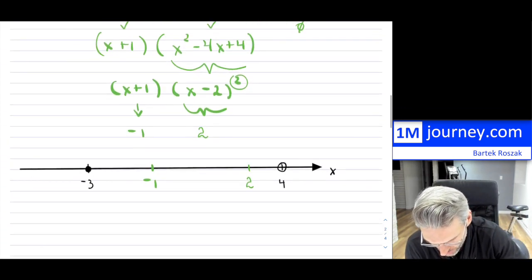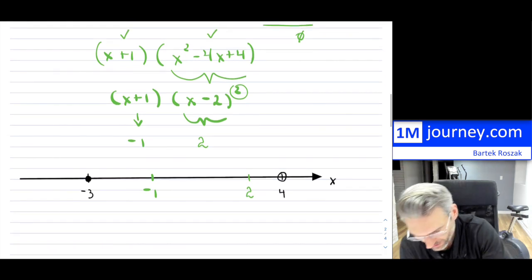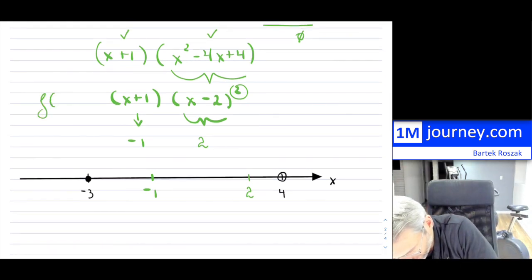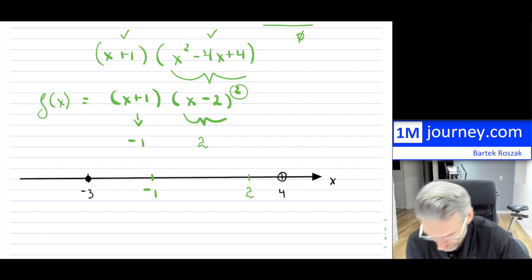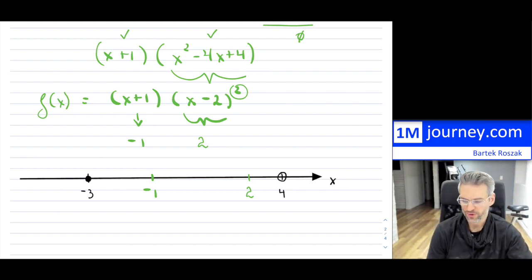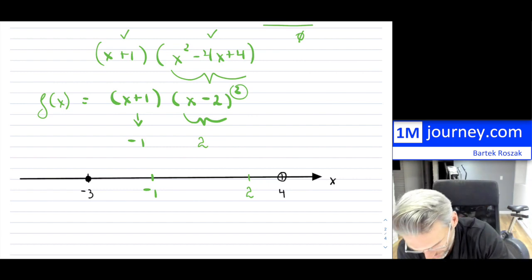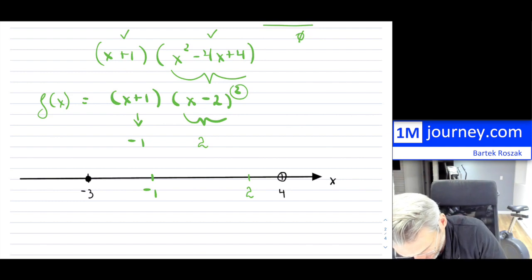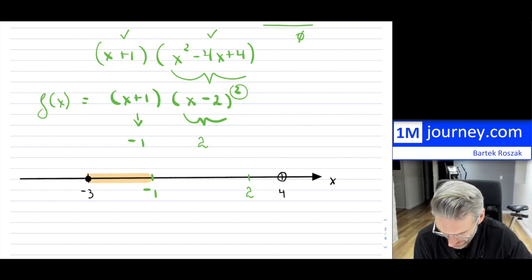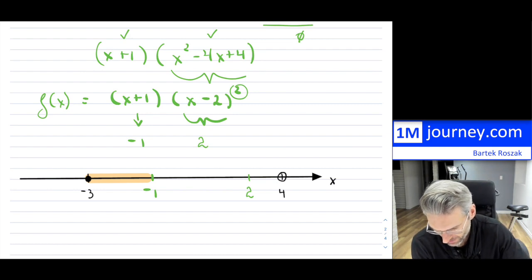And how would you do that is you simply, now that you know that the function is this, and we have it in factored form over here, so what we would have is you can just find test points. So the test points that you use, it doesn't matter. So on the kind of left-hand side, so right here, so I guess between here and here, you can find a test point and then see what happens. You can substitute them in.